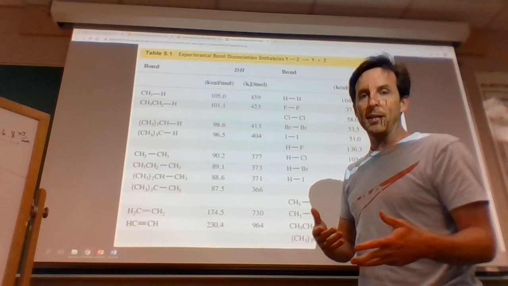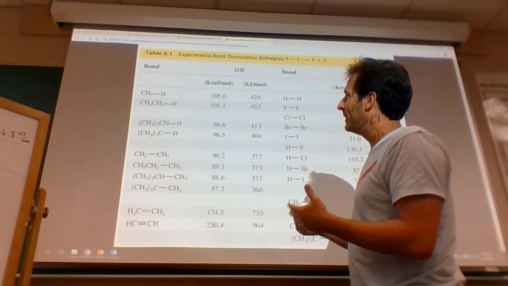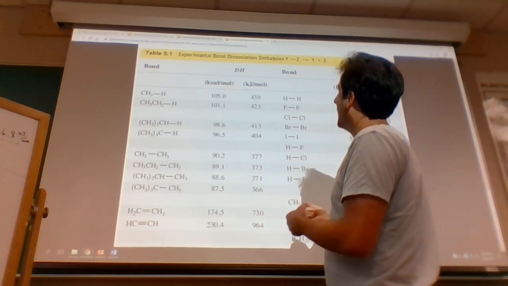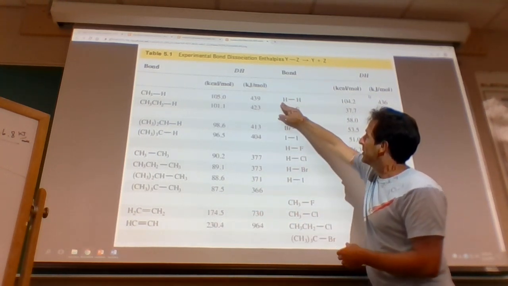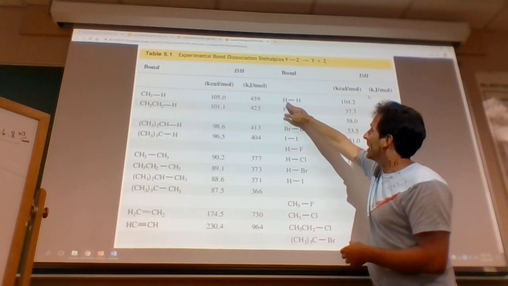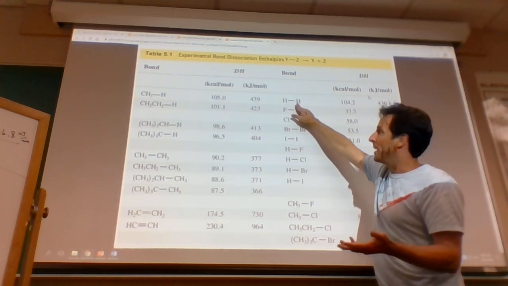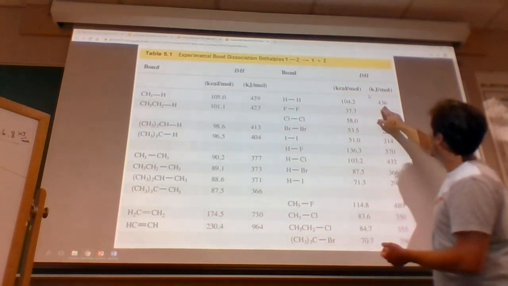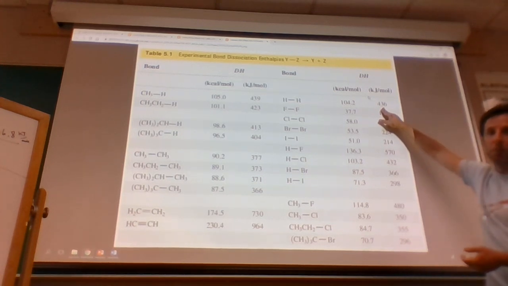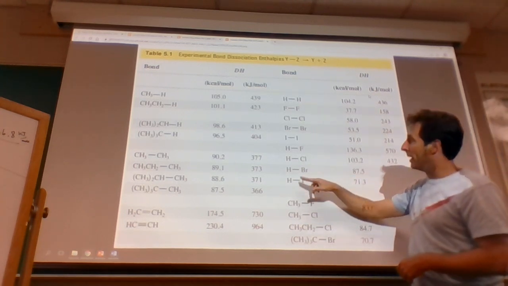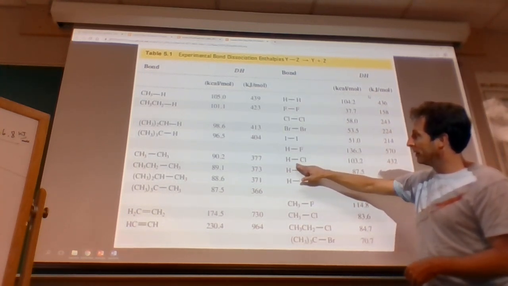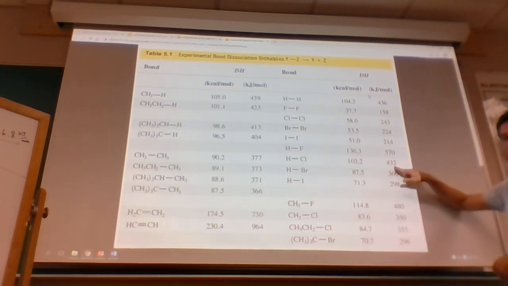I need to find out when I break a bond, like a bond between two hydrogen atoms, the strength of the bond, the amount of energy it takes to break that bond, is 436 kilojoules per mole. That's the number I would need. I would write that down. If I want to break an HCl bond, that's going to take 432 kilojoules per mole.